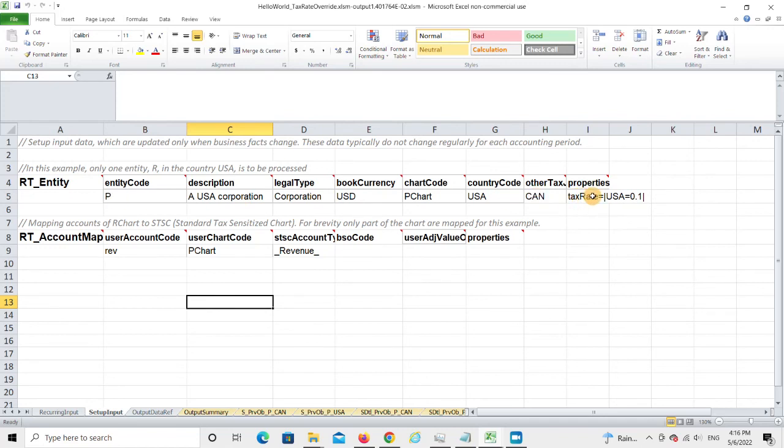They can also provide a jurisdiction code to specifically override a tax rate for that jurisdiction. Here the jurisdiction code is USA. So the user specifically said for that jurisdiction, use 10%. That's it. Thanks for watching.